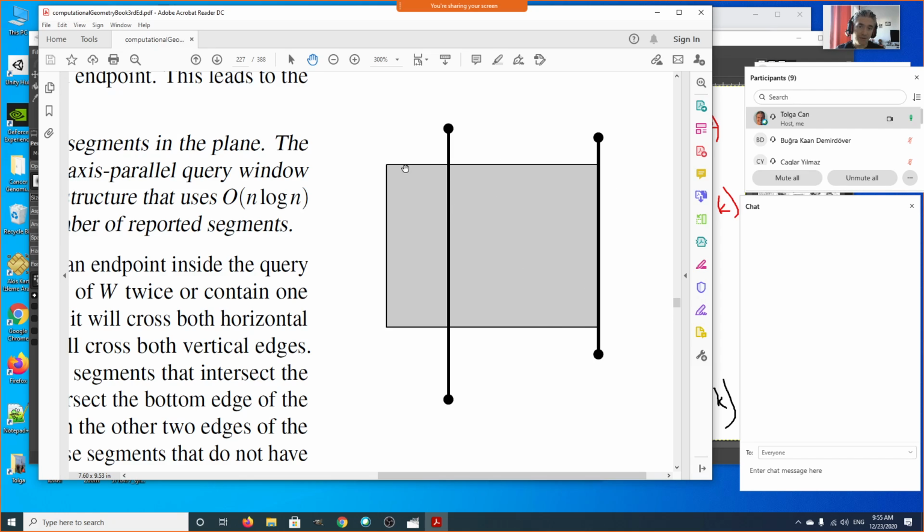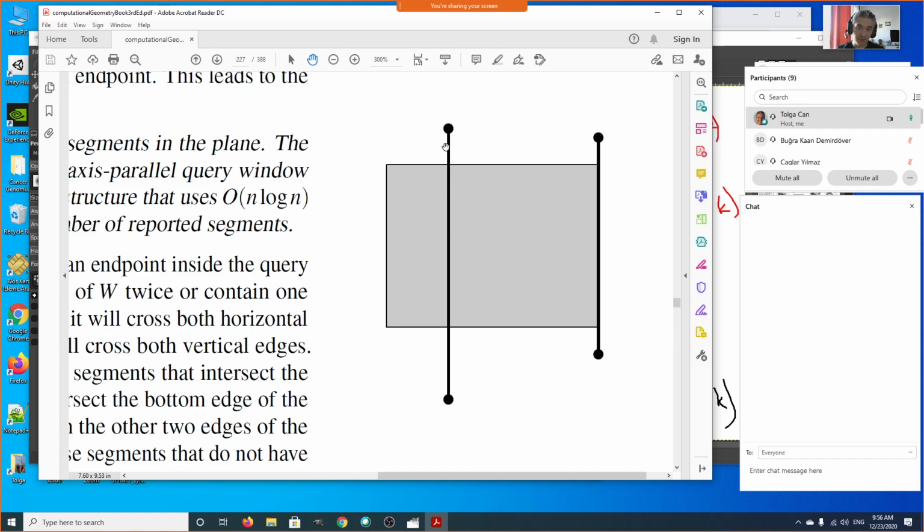Which means that for vertical line segments, for example, in order to be reported as intersecting with the bounding box, with the query window, as you can see, it has to cross both the top and bottom boundary. There is no case where it just crosses the top boundary only, and it intersects the query window.